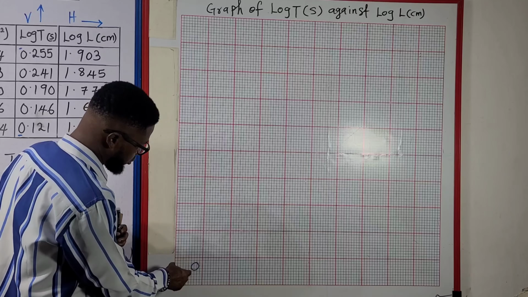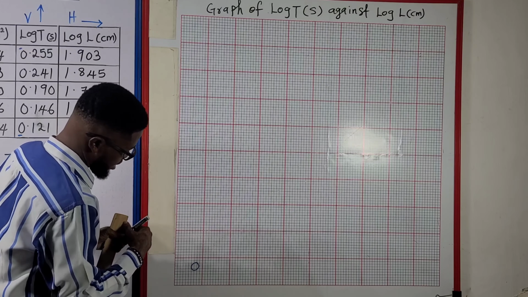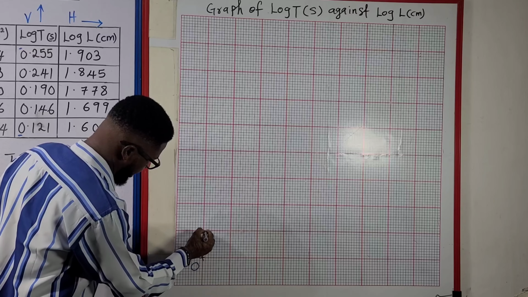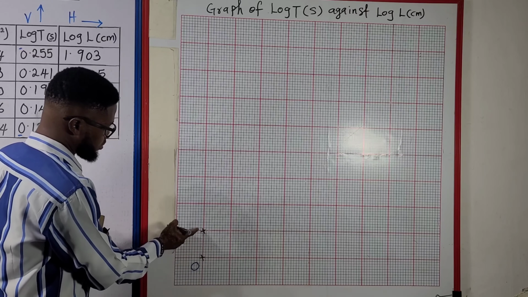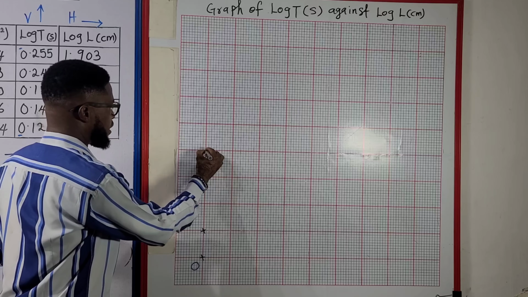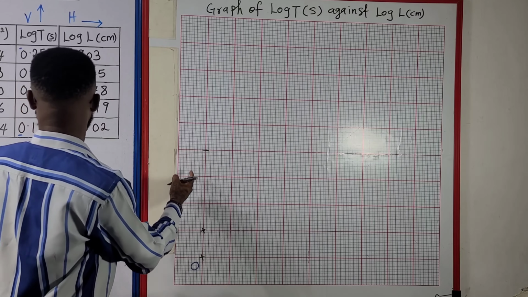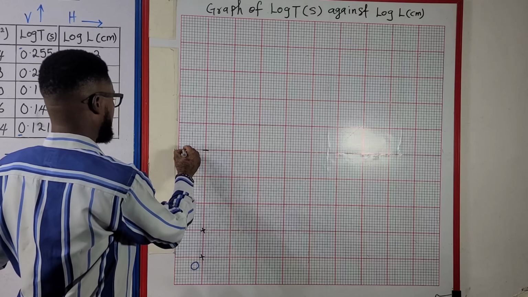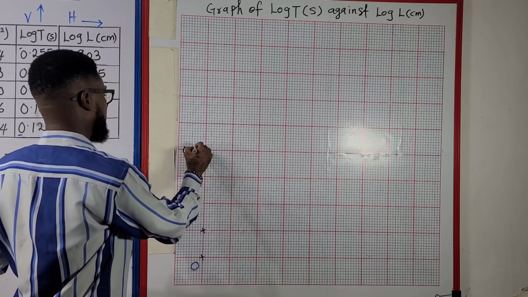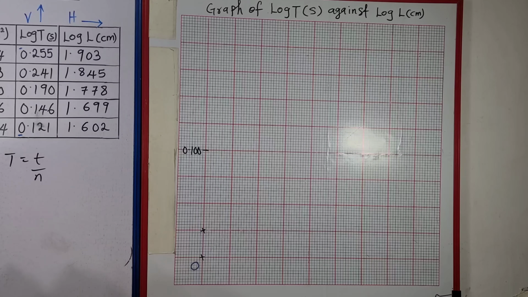On my own graph here, I'm thinking if I make this my zero origin, from here to here is about 2 centimeters on your graph book. How about if I make this about 8 centimeters to be 0.100? That's what I'm thinking.